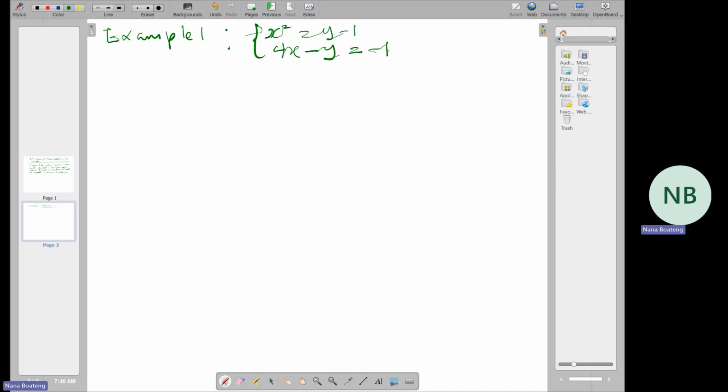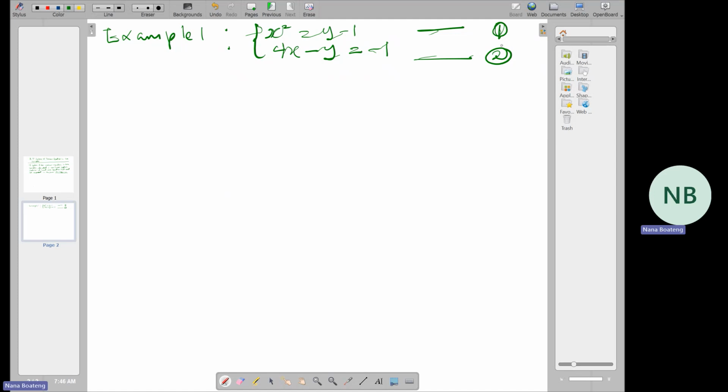So we have two equations. Let's label this as equation 1 and this as equation 2.